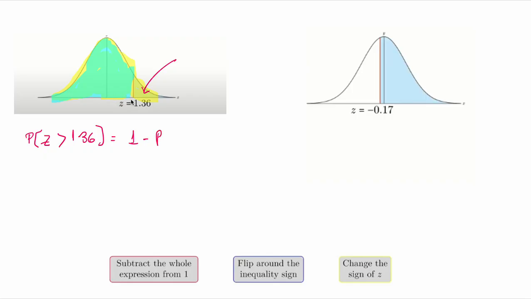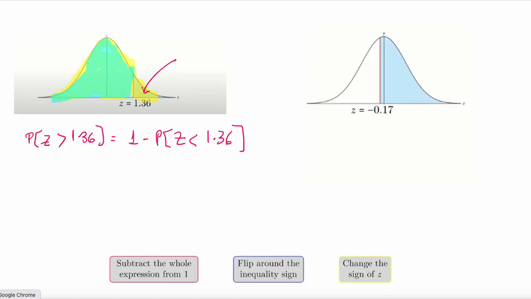Well, the blue area is just the probability that z is less than 1.36, the area under the curve up until 1.36. Okay? Now, if you do this move, you can find it directly.